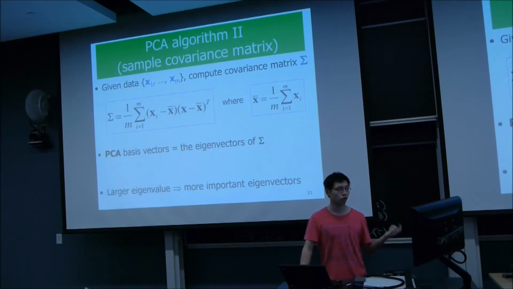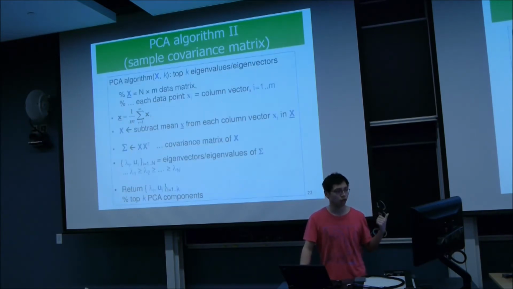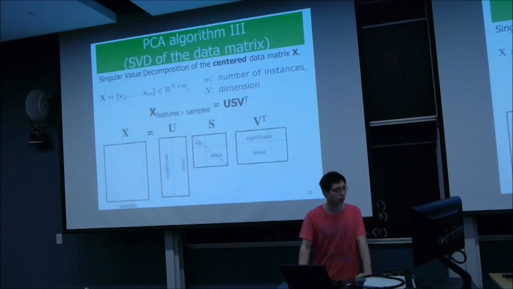You first compute the covariance matrix and do the eigen decomposition. You have eigenvalues, you find the top k principal components, and get the eigenvectors. So that is PCA.